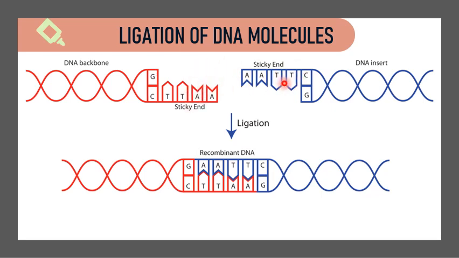Depending on the nature of the restriction enzyme cuts, the ligase enzyme recombines the DNA, and this particular DNA is termed recombinant DNA. That is the ultimate function of ligases, the enzymes which are very much required for the purpose of recombinant DNA.